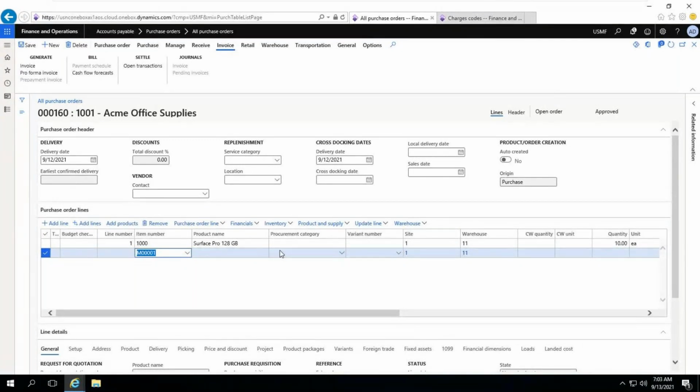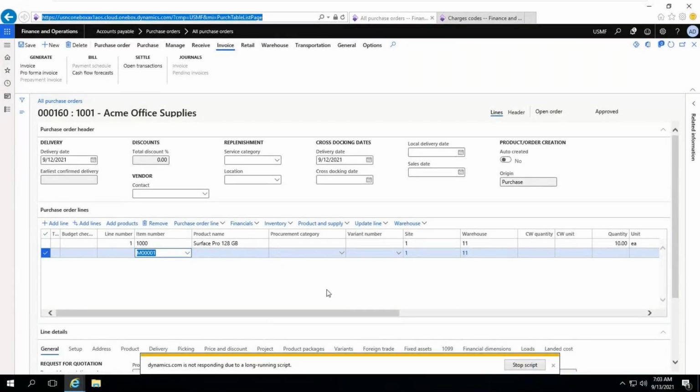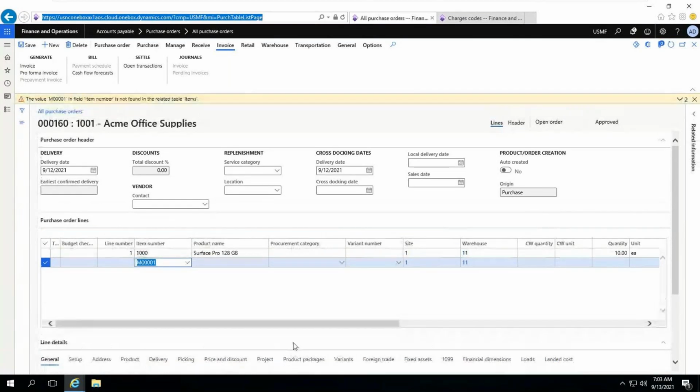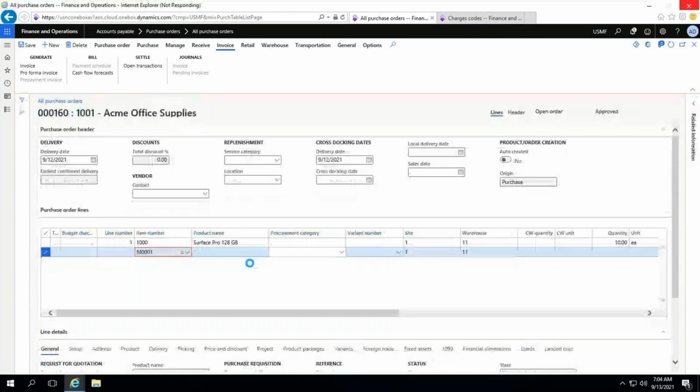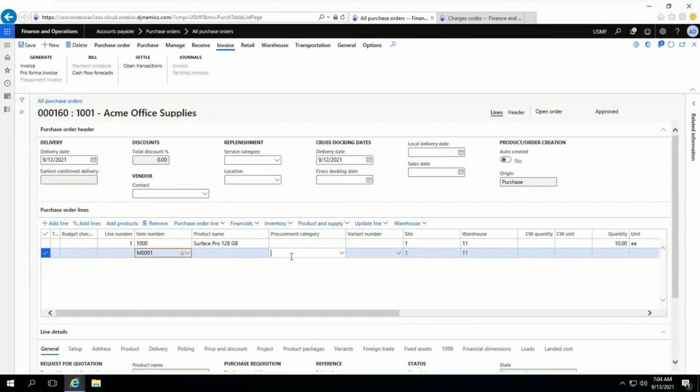Give me a second, it is loading. So 10 is extra I have entered. Now it will be captured properly. So now M001 is available.